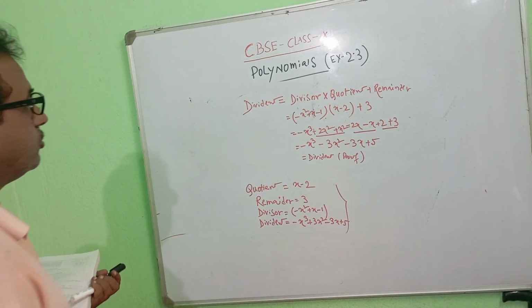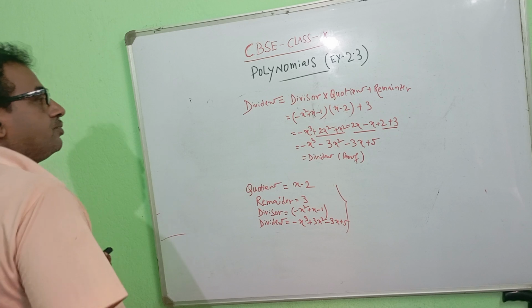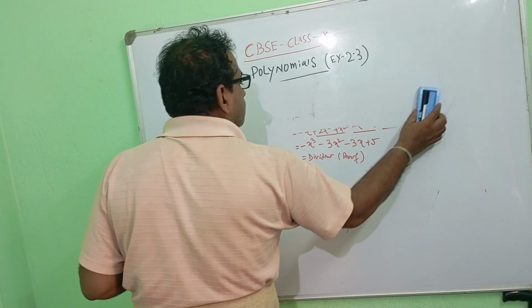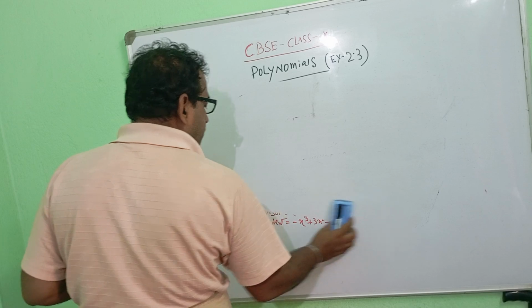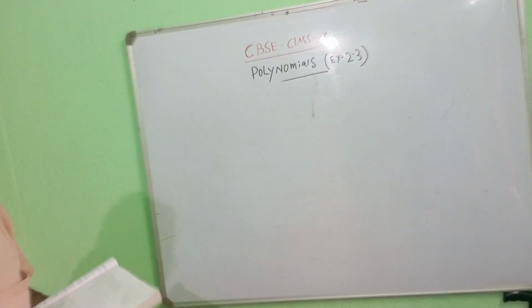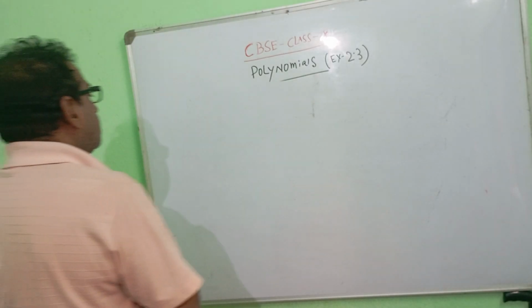Now the second question, question number 2. What is given?